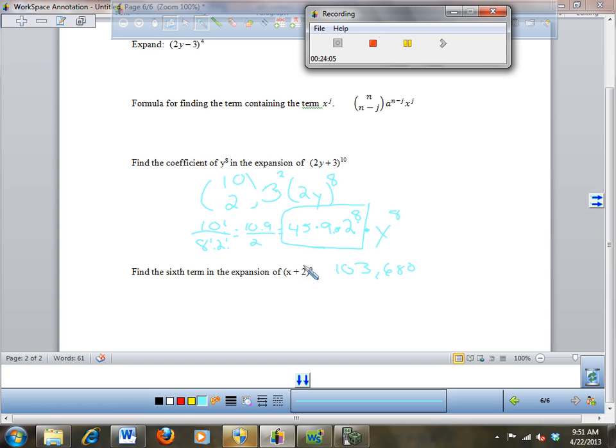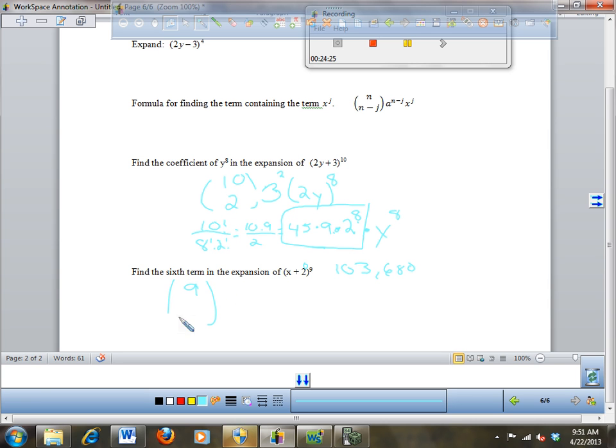Since this starts out at 2 to the 0 on the very first term, on the sixth term this is going to be 5, and therefore this is going to be 4, so this is going to be 9. The power of 2 is going to be 5, so it's going to be 2 to the 5th.